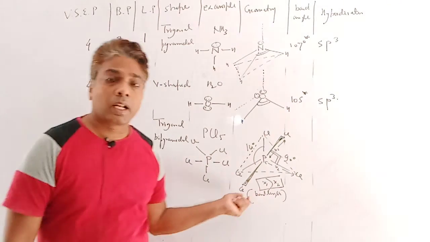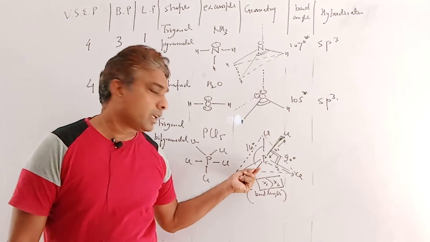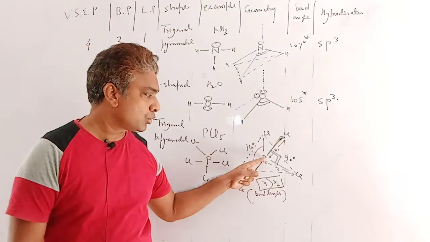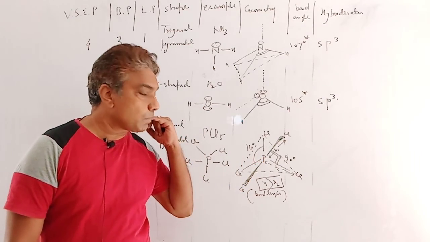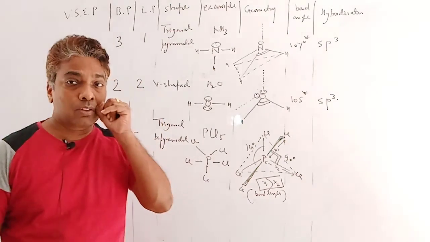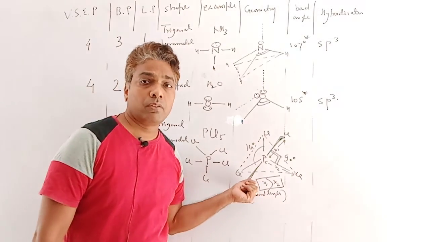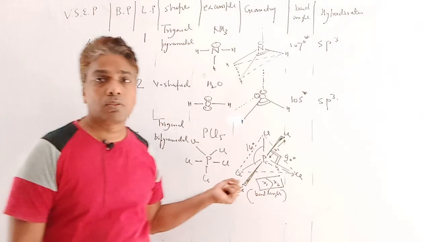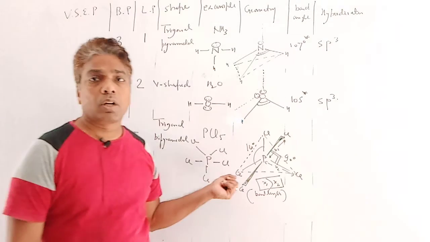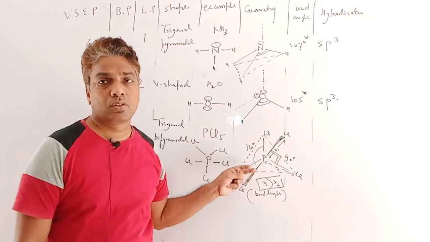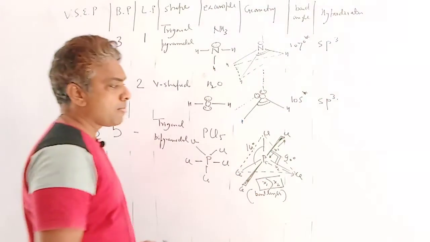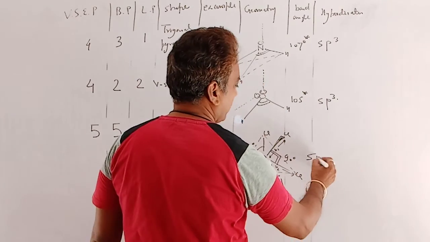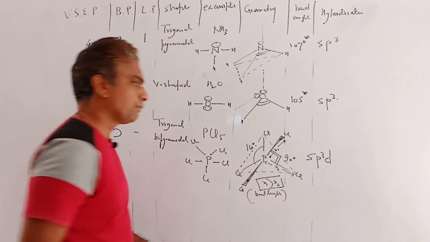How many bond angles are 90 degree in case of PCl5? So 3 bond angles outward to the plane which are 90 degree and 3 inward to the plane which are 90 degrees. So total number of 90 degree bond angles are 6, 3 outwardly and 3 inwardly. Clear? Hybridization will be sp3d.